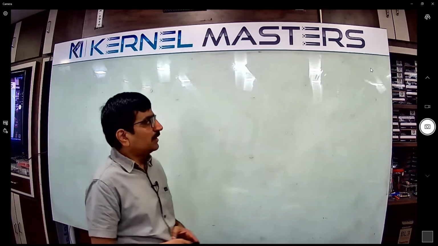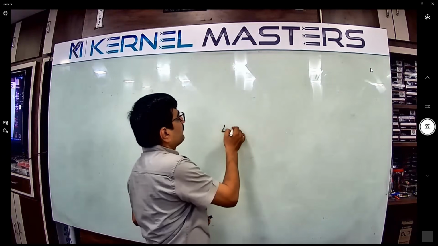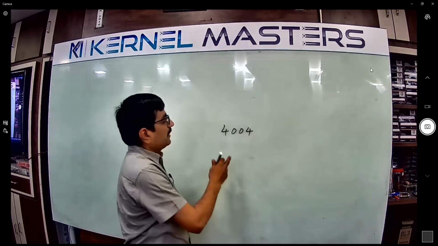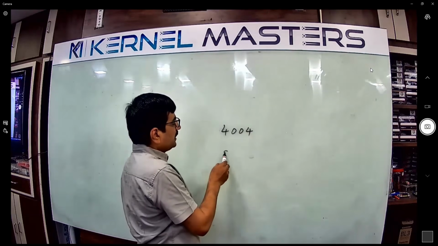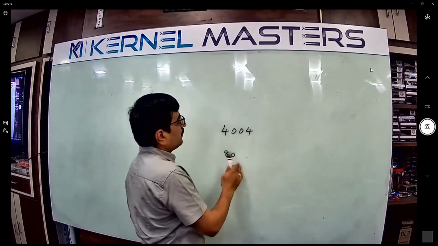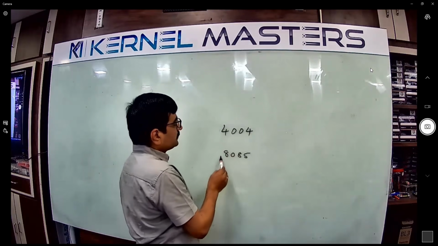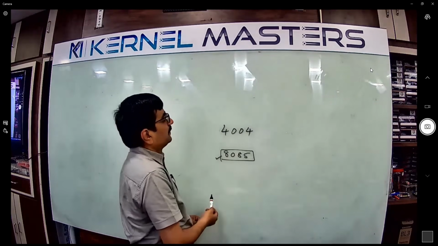Intel's first microprocessor introduced was the 4004, in 1971. After that Intel introduced many models, but the 8085 is a very popular one. The 8085 was the first microcomputer in the market.